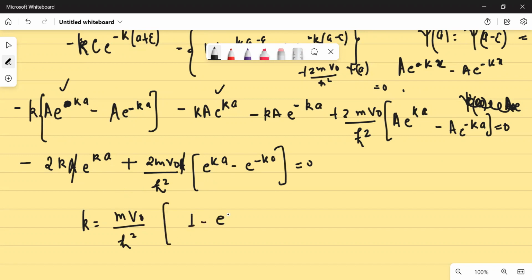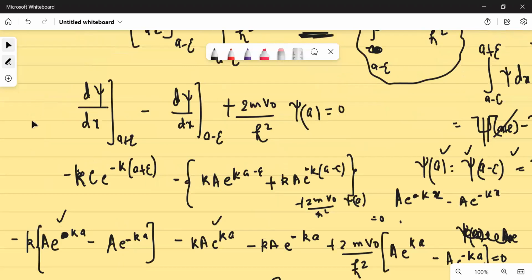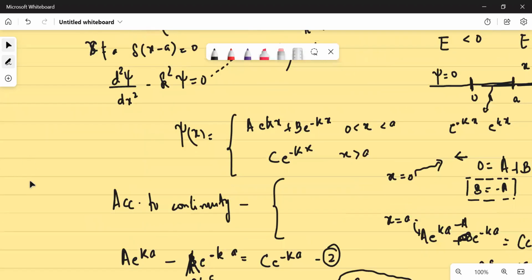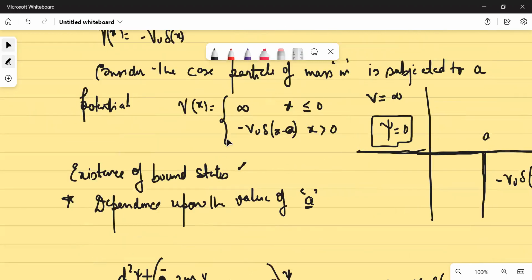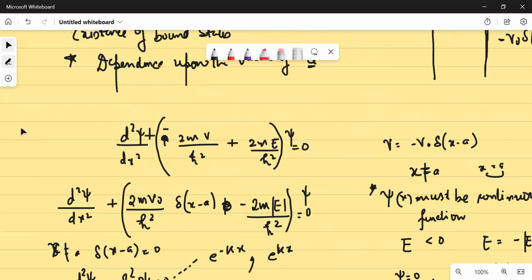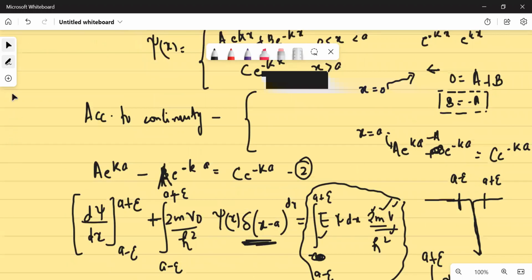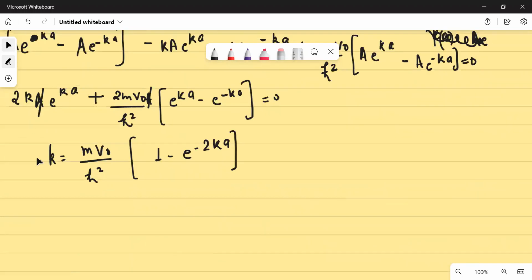Now, what does it mean? It means that we were trying to find the bound states for the potential given by this expression. And while we were solving the Schrodinger equation, we got a solution in the form of an equation whose solution we are still to find.